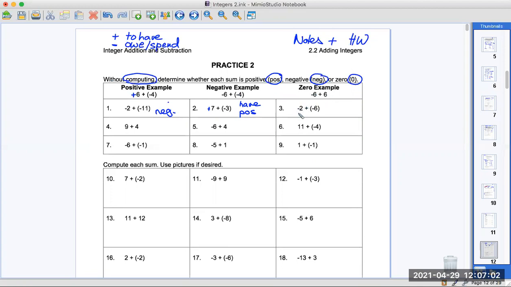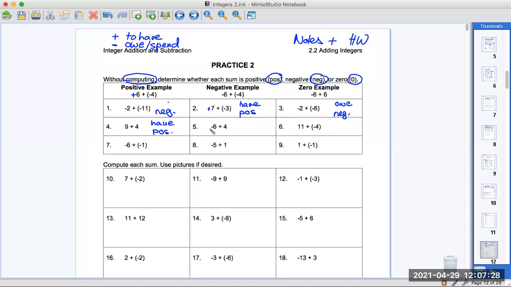You owe $2 and then you owe $6 more. Do you have or do you owe? So it's a negative answer. You have $9 and then you have $4 more. So you have. So it's a positive answer.